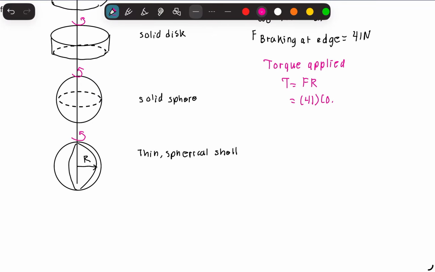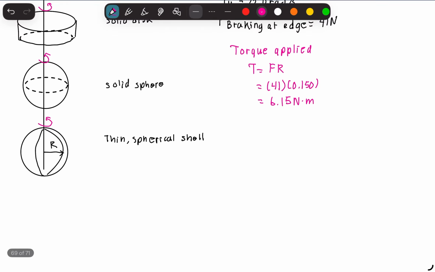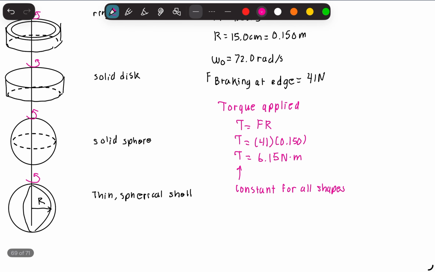Our radius, this is going to be in newtons times meters. And this is going to be constant for all shapes because they all have the same braking force at the edge and the same radius.